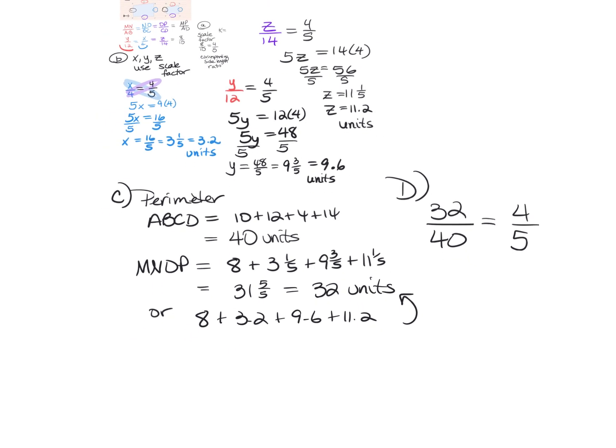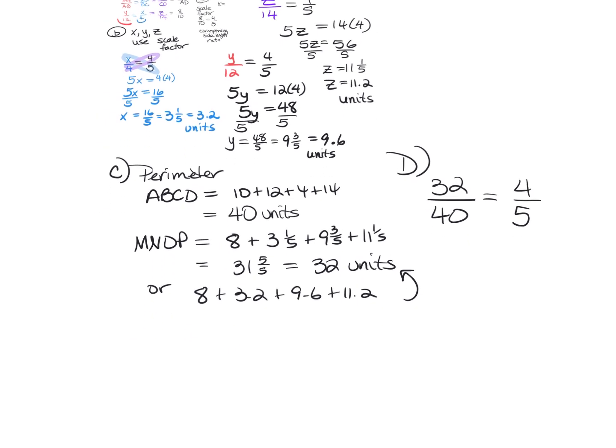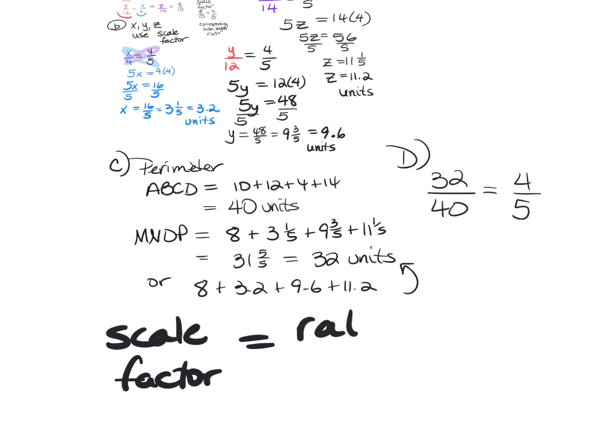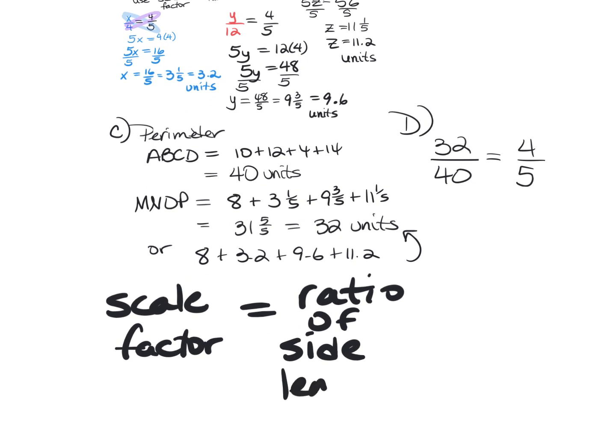So to summarize this, and we're going to see it coming up on another slide, the scale factor is the same as the ratio of the side lengths, and it's the same thing as the ratio of the perimeters.